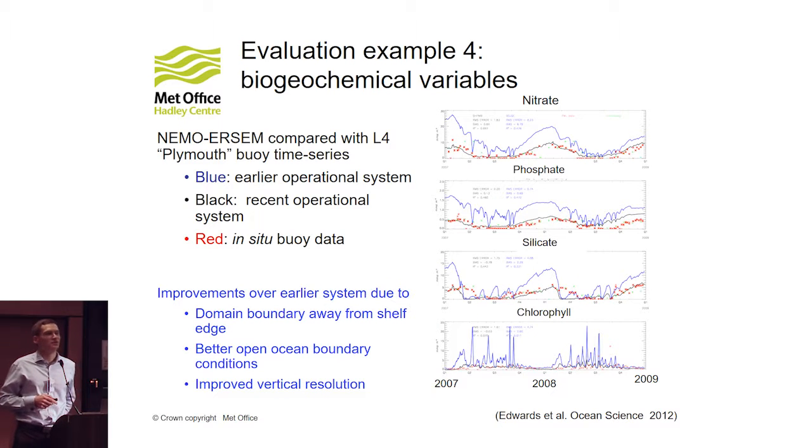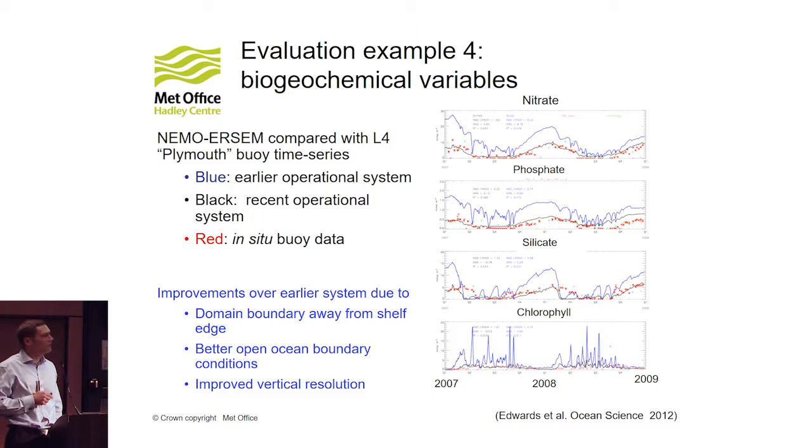Moving on to biogeochemistry, one of the other components that isn't typically in a lot of global models, although of course there are exceptions. These are again results from some slightly earlier versions of the system. So there are some results on here from an early, so the blue line is an earlier operational system, the black line is a more recent Nemo-based operational system, comparing with some biogeochemical observations at a buoy near Plymouth, the L4 buoy.